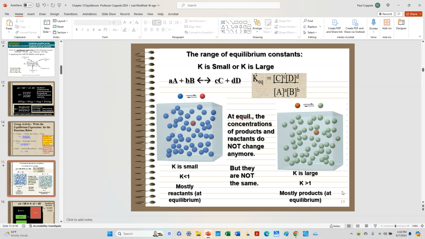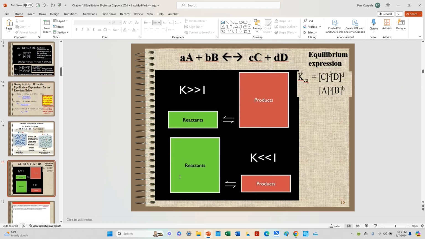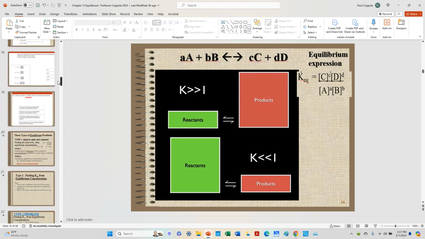So if you have a lot of products, K is big, greater than 1. If you have few products, K is small. Of course, in industry, you want a big K, so you get a lot of products. And this shows the same thing pictorially. This may help you see a picture of the same idea. It's good to come at things from different angles.